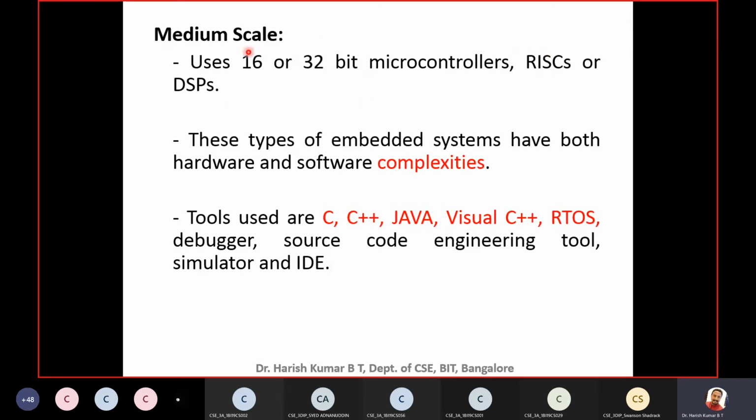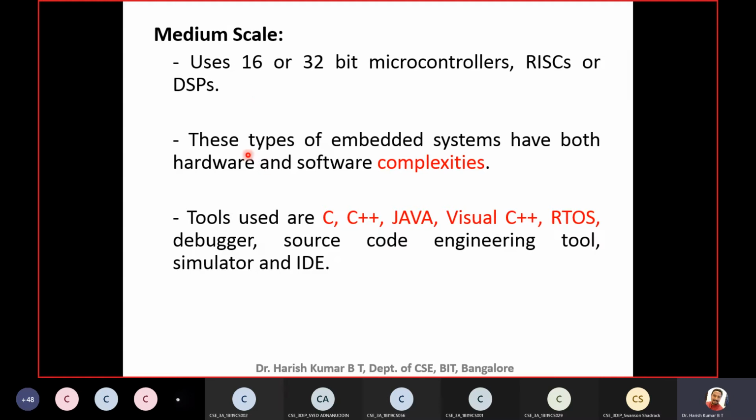They are also capable of digital signal processing, for example processing audio signals, video signals, etc.